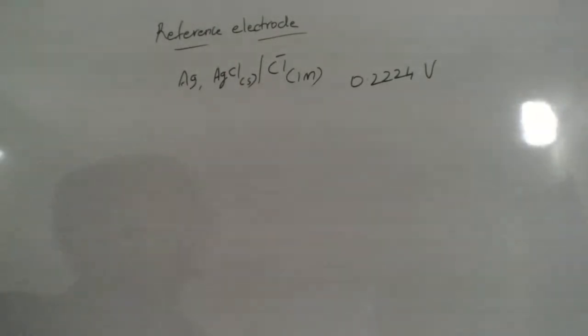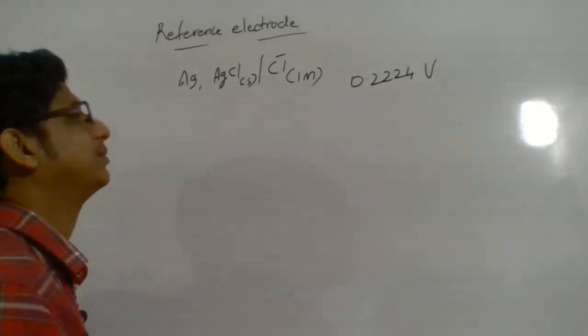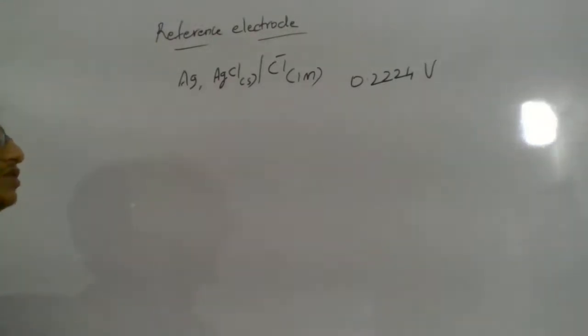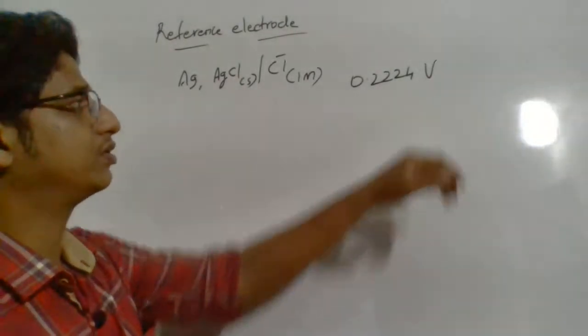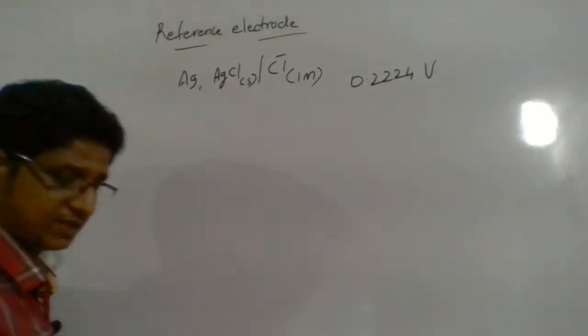This is a secondary reference electrode, with an electrode potential of 0.224 volt. So that's the first one.